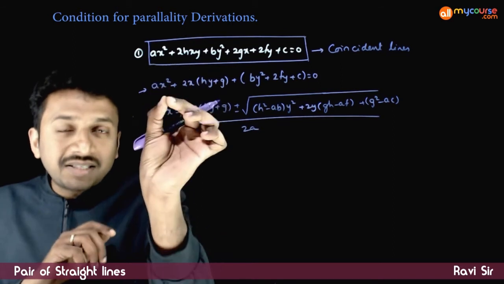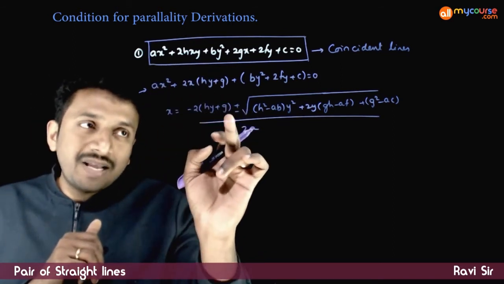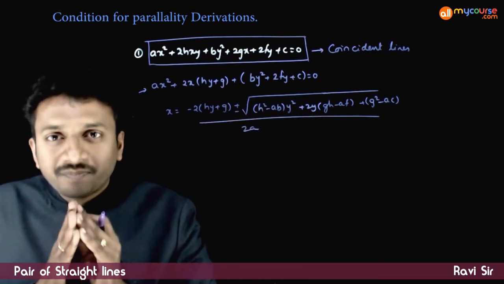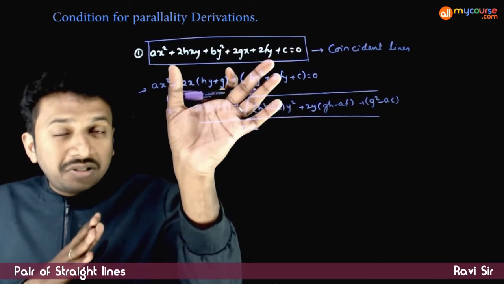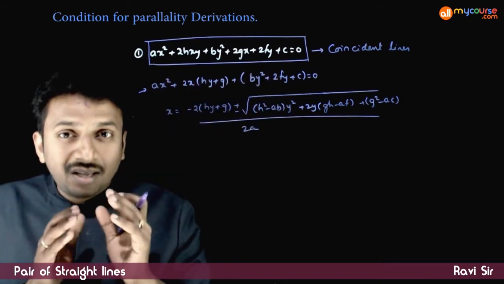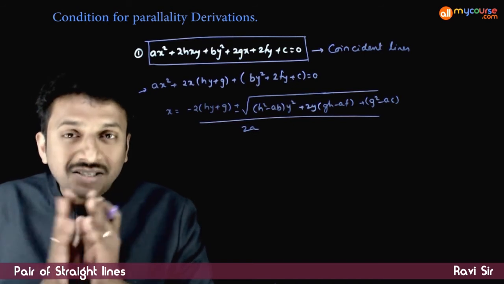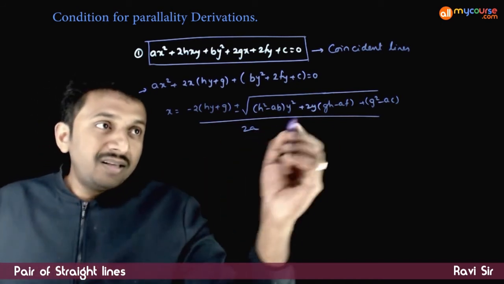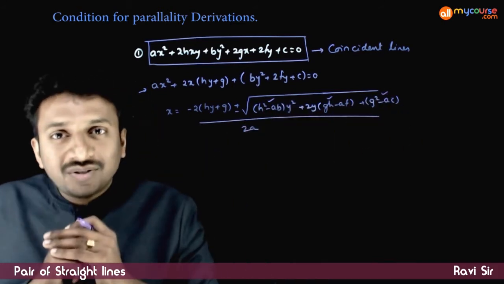So if you consider this as a quadratic in x, x will be equal to minus of this plus minus root of this by 2a. Now, if this equation has to represent a pair of coincident lines, then the condition is simply that all these expressions have to be equal to 0.